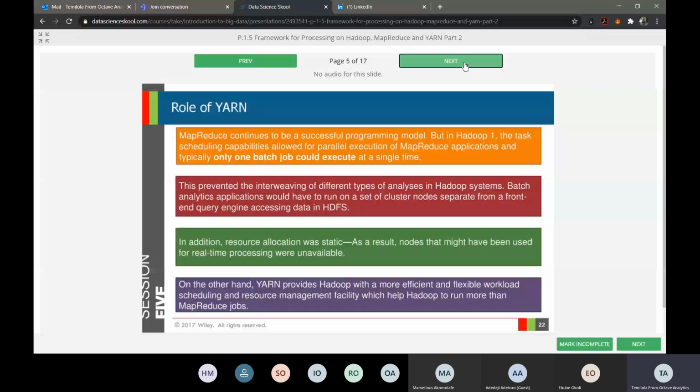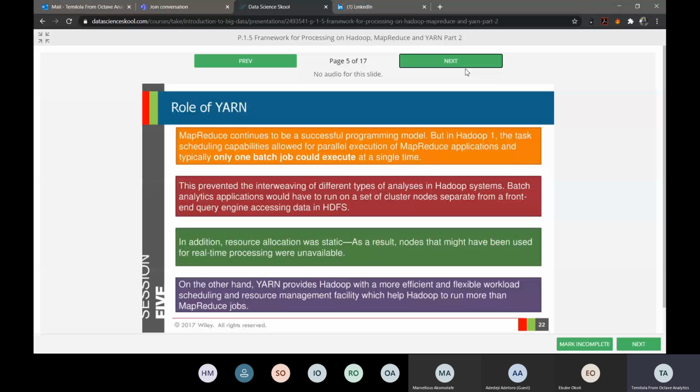So finally, I would say we are done with MapReduce now. We are going to Yarn. Just like I told you guys, before you can talk about Yarn, you are referring to the Hadoop 2 ecosystem. In the Hadoop 1 ecosystem, there was no Yarn.